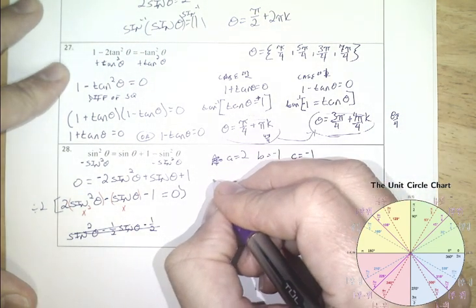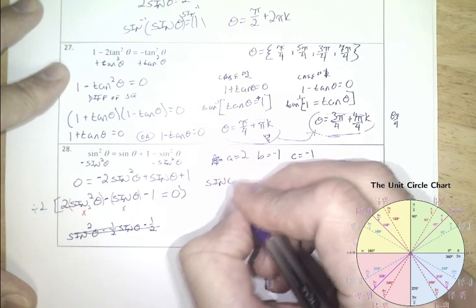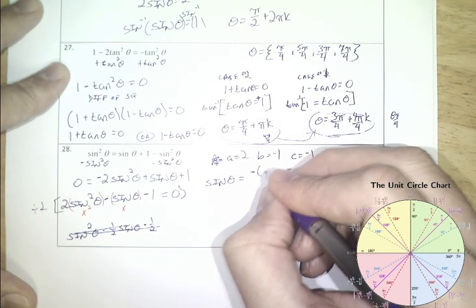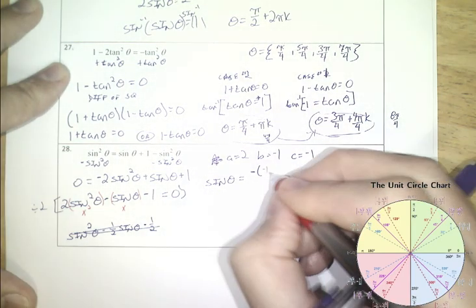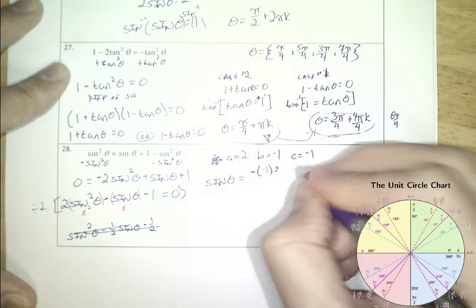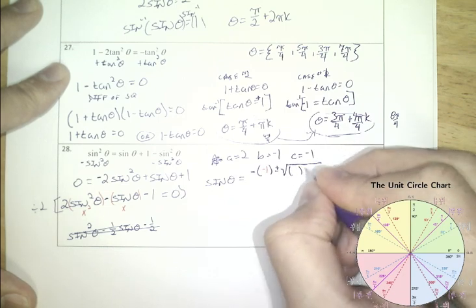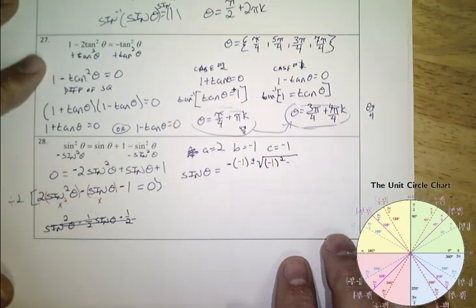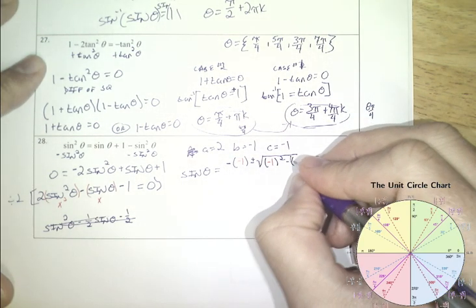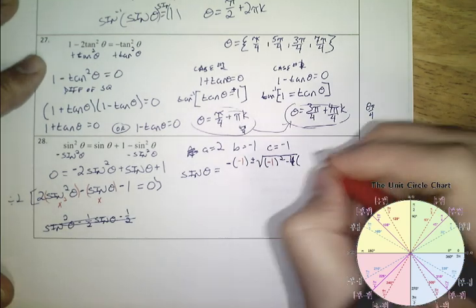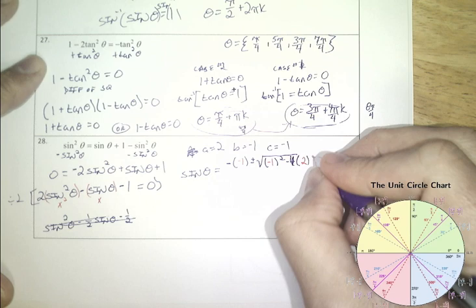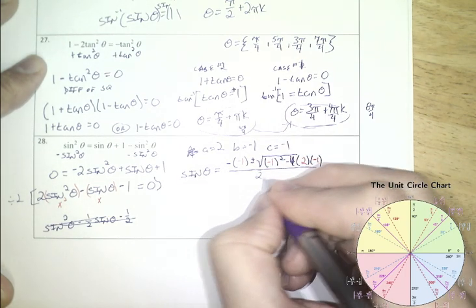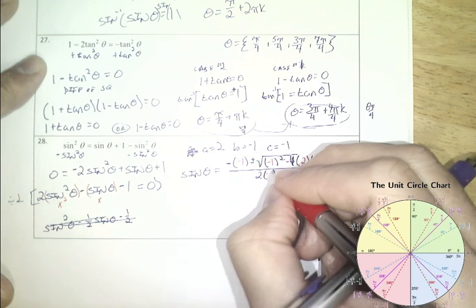And so we have sine theta, that's our x, is equal to negative b, so negative negative 1, plus or minus the square root of b squared, which is negative 1 squared, minus 4a, which is 2, and c, which is negative 1, all over 2 times negative 1.